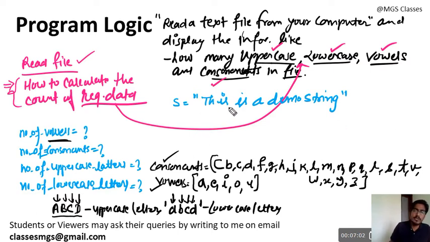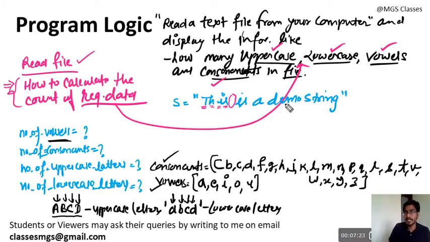If I am asking you how many capital letters are there in this string, you can find T is a capital one, H is small, not capital. Space is not counted as any lowercase or uppercase letter. Keep this in mind.